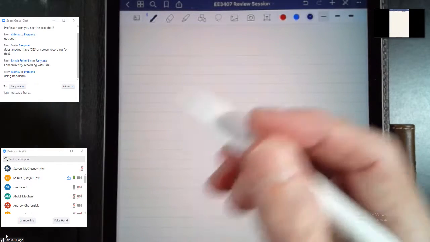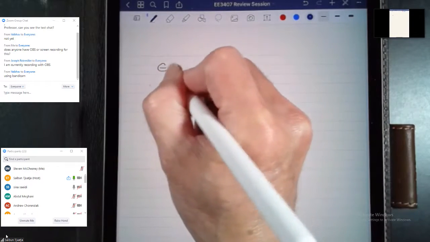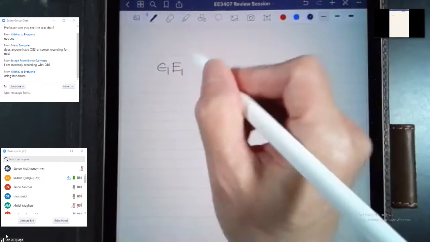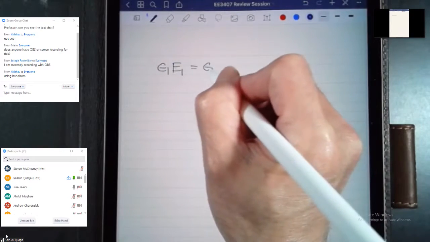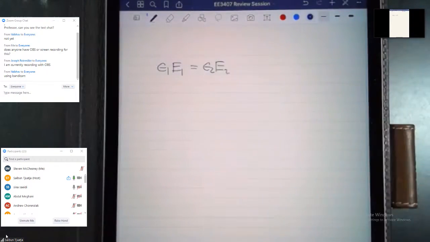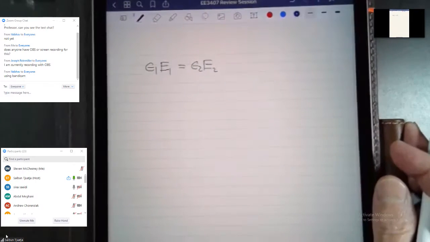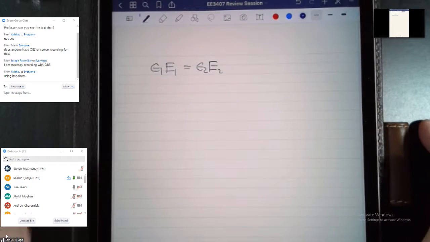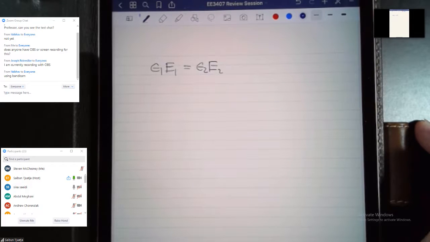Okay. So what I have now is epsilon 1 E1 equal to epsilon 2 E2. I already take care of all the directions. I know all of them are going to be normal to the conductor, and the field line is always going away from the positive charge on a boundary conductor.